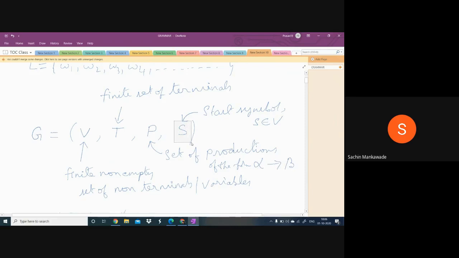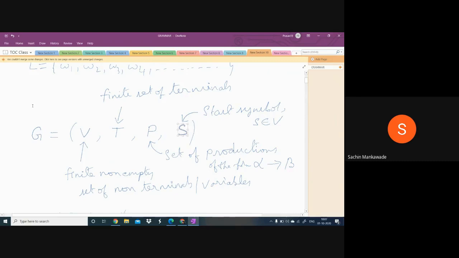And S is the start symbol. As in finite automata, every finite automaton must have an initial state, meaning the automaton starts from that initial state. Similarly, a grammar may have any number of non-terminals, and one of those will be the start symbol. Suppose capital A, B, C, D are the non-terminals.